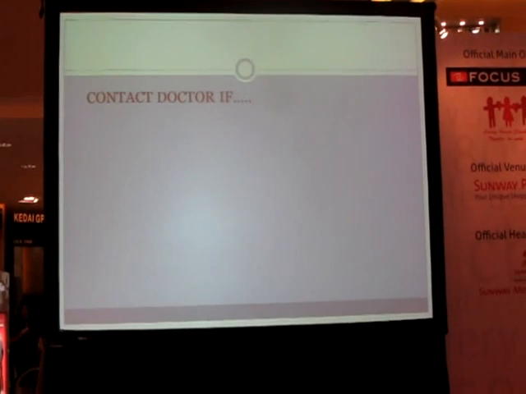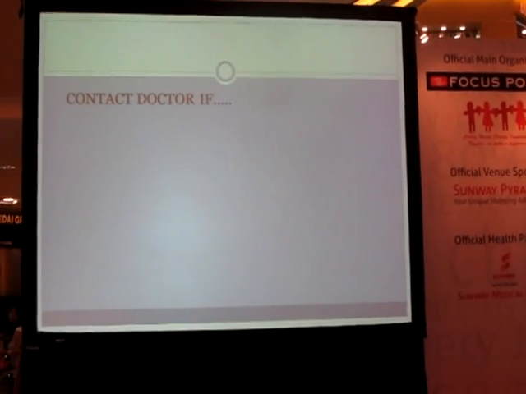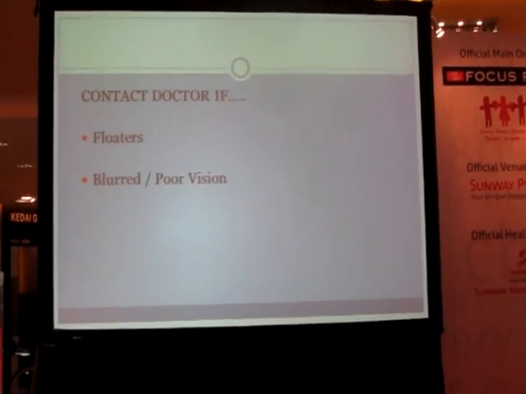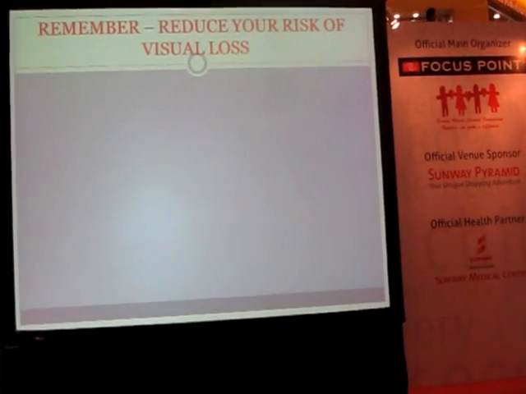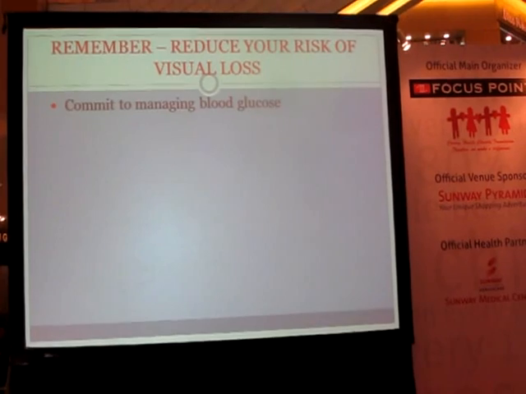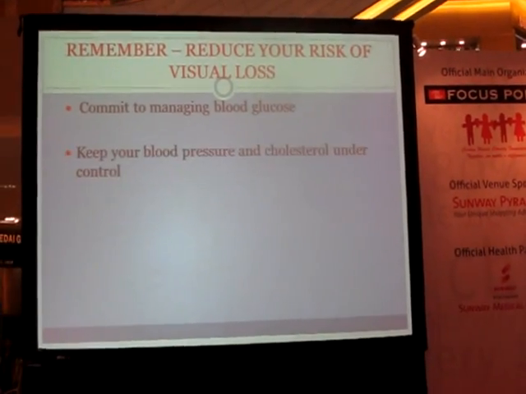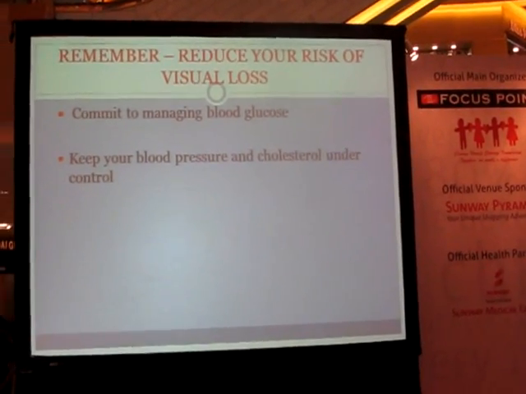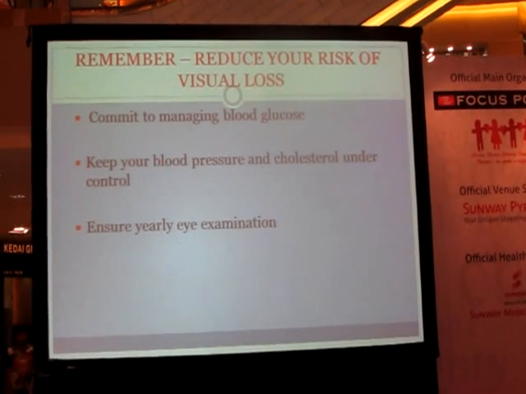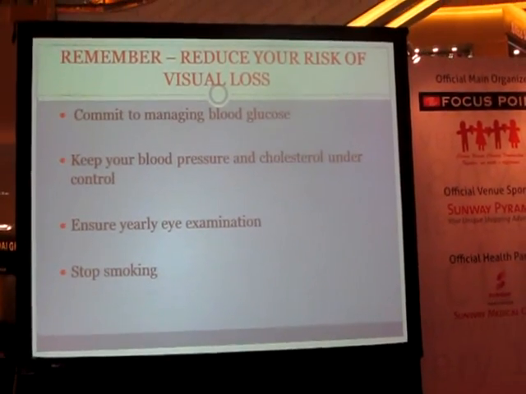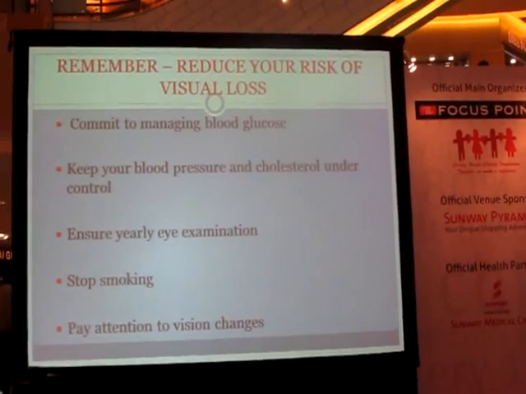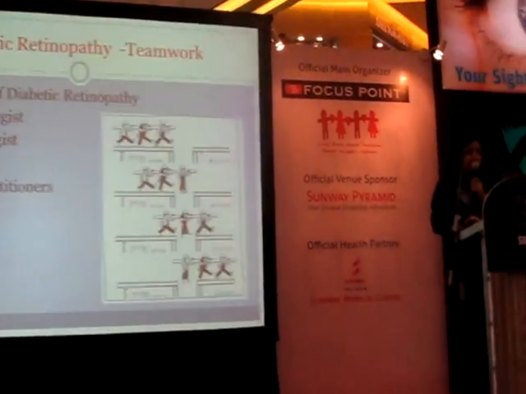Contact your doctor immediately, within the next day, if you have floaters or blurred vision and you are diabetic. And remember to reduce your risk of visual loss by managing your blood sugar well, keeping your blood pressure and cholesterol under control, ensuring you examine your eyes every year, stopping smoking, and of course paying attention to your vision changes.